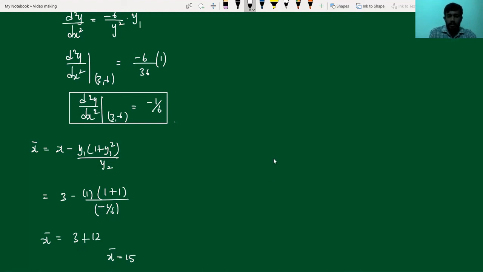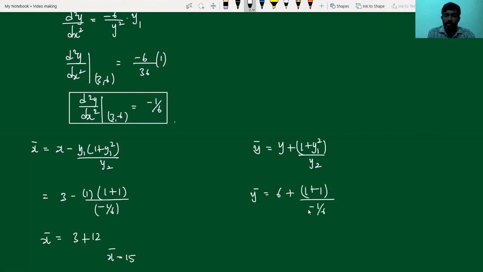In the same way we find the value of y bar. The expression is y bar is equal to y plus (1 plus y1 square) divided by y2. So y bar is equal to the value of y, 6, plus (1 plus y1 square, which is 1) divided by y2, which is minus 1 by 6.